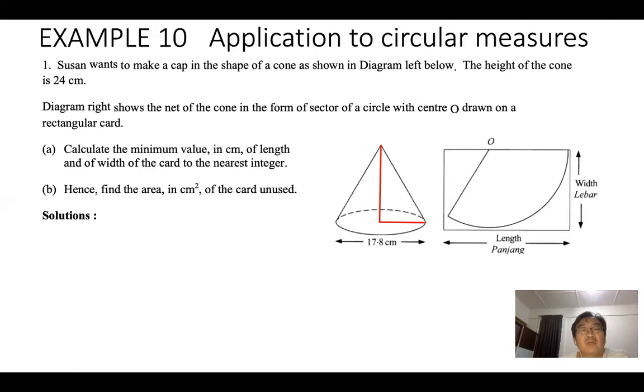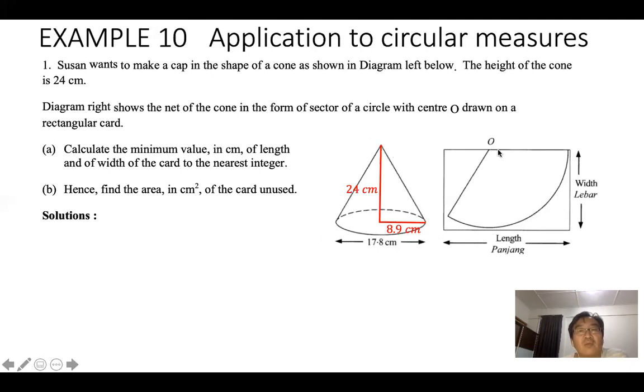Firstly, you draw a right angle triangle. We have 24 centimeter as the height of the cone, and then we have diameter 17.8. Therefore, you divide by 2, you get the radius is 8.9 centimeter. What is the purpose of getting these two dimensions? That is to get the hypotenuse, or the slant height of the cone.